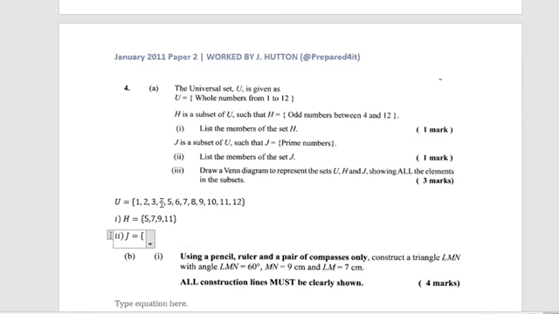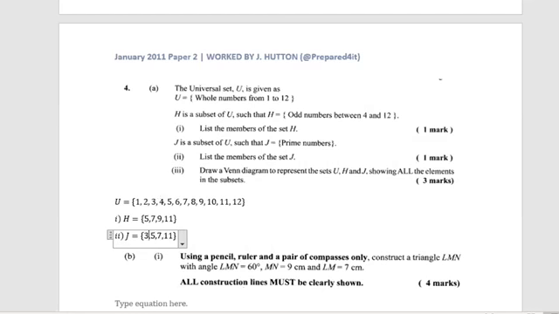3, 5, 7. Not too sure if you include 2 and 1. Anybody want to add anything? 11. Is that it? What else? 2.